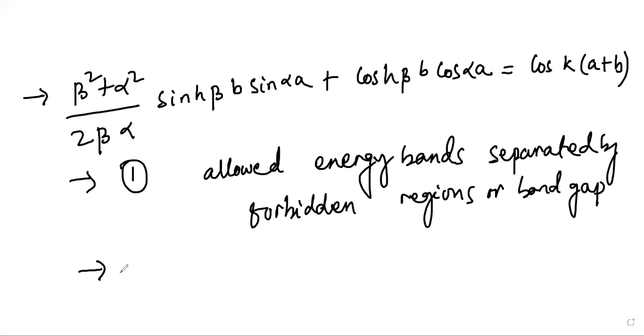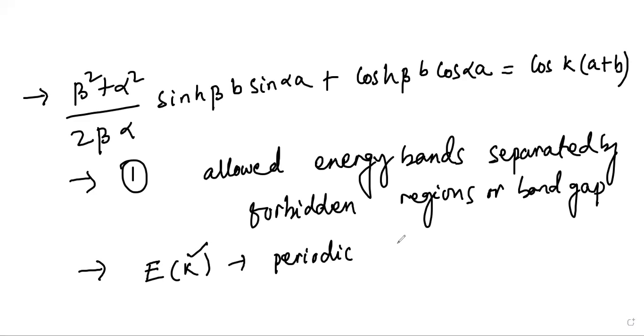The second thing it can give us is that the energy function, E as a function of K, which is the wave vector, is periodic.